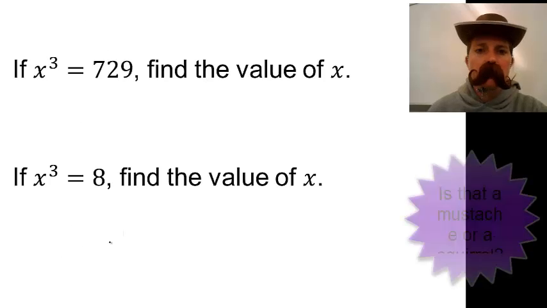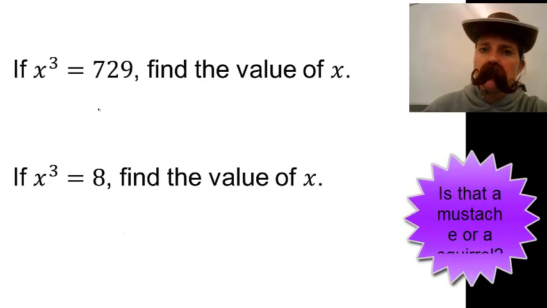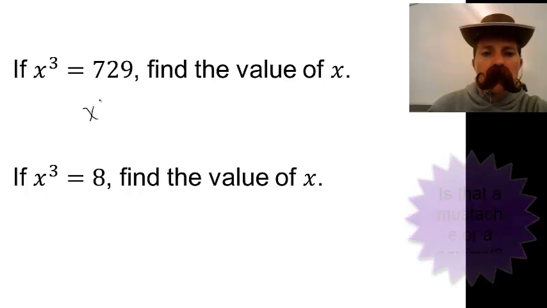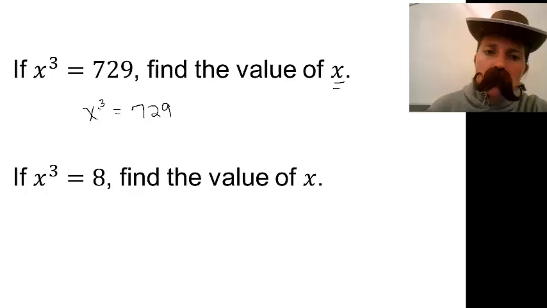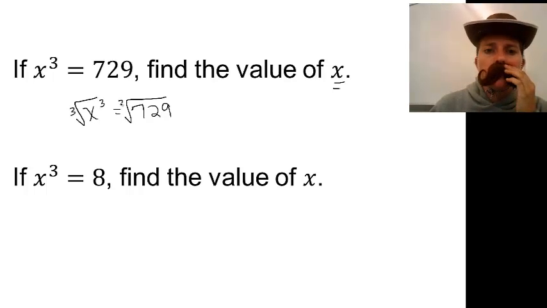Yeah! Let's keep going. Alright, these just look like those square root ones now, don't they? So it's saying if x cubed equals 729, I need to find just an x. To undo a cube, you're going to do the cube root.